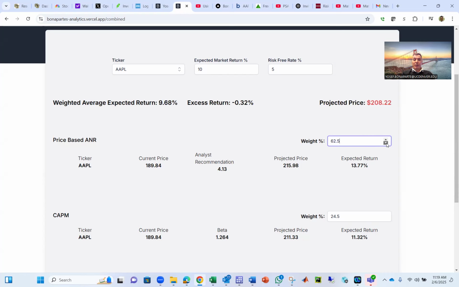If the excess return is negative, that means sell. What does positive excess return mean? That means the expected return of the company you analyze is higher than the market. But if its expected return is below the market, then it's a sell, because I can buy the market portfolio and have a better return.